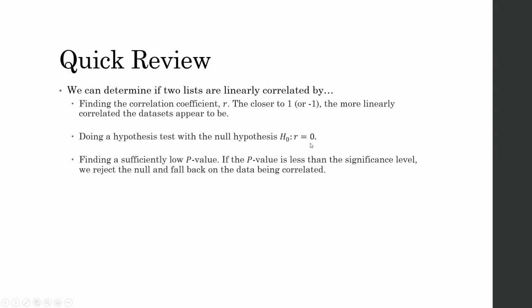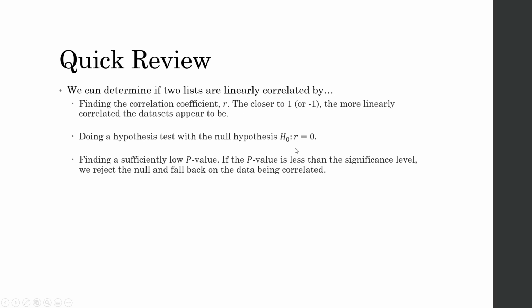Our null hypothesis for correlation is always R equals 0, which means the null hypothesis that we're always checking against is no correlation. So if we get a low p-value, specifically lower than alpha, we're able to reject that null hypothesis, which for us, if we're hoping for a linear correlation, is great news.